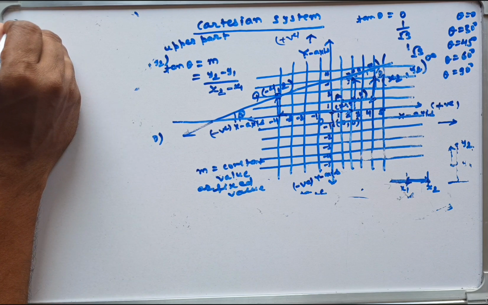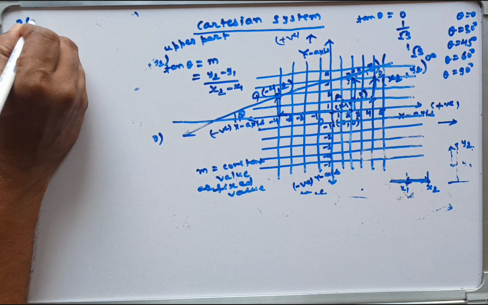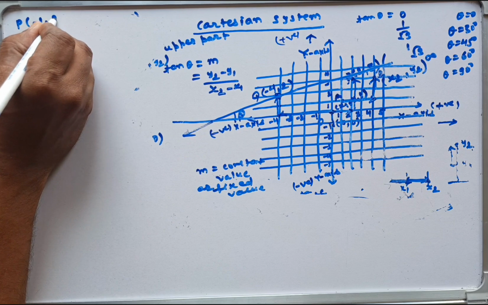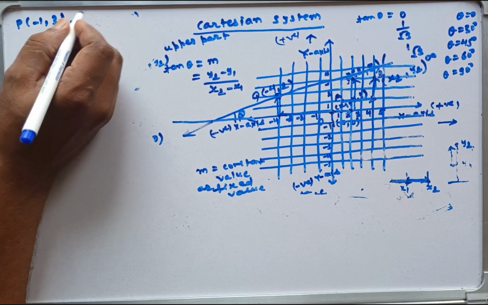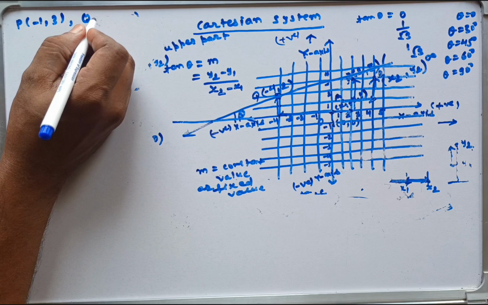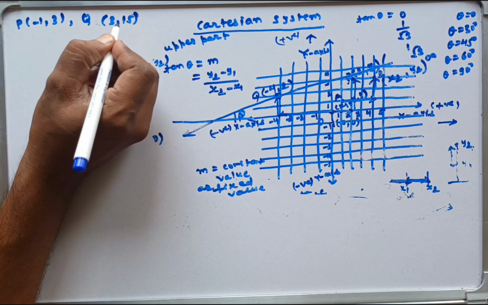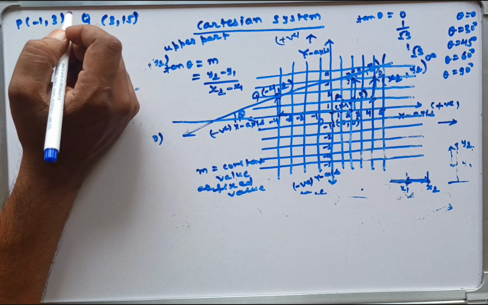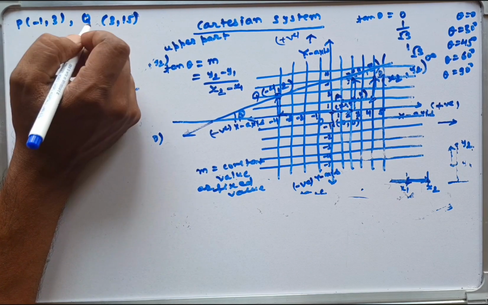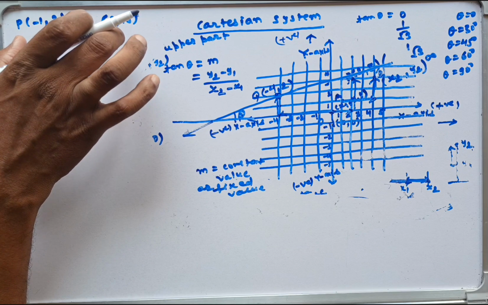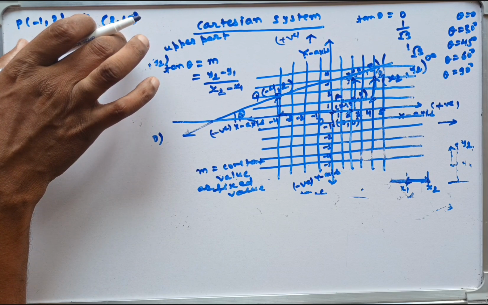Suppose we have 2 points, P equal to (-1, -3) and Q equal to (3, 15). What will be the equation of the straight line passing through these two points?